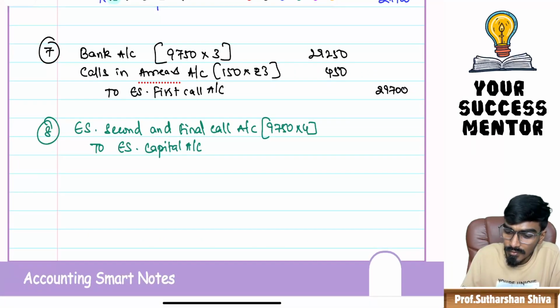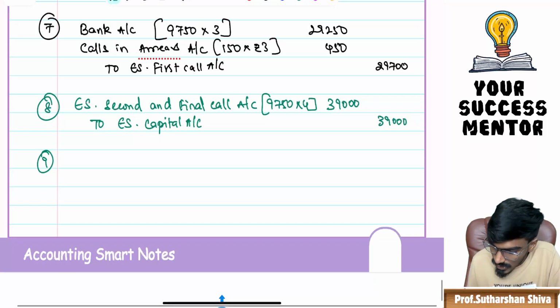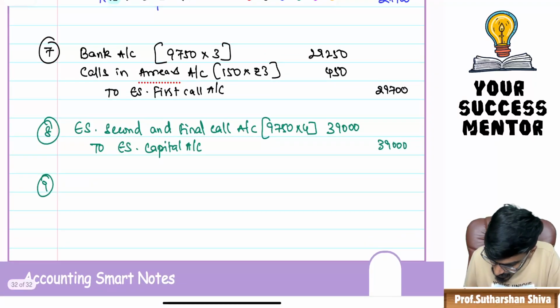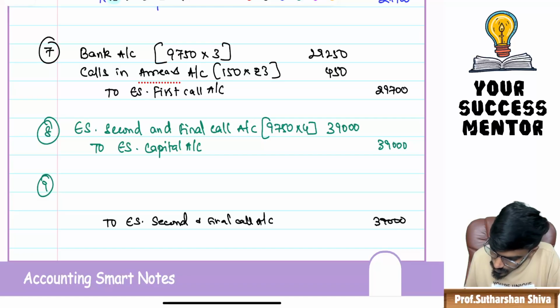So 9,750 into 4, we will have 39,000. Yes, sir. Now comes the main picture: equity share second and final call is going to be credited to the extent of 39,000. This is what you should write.